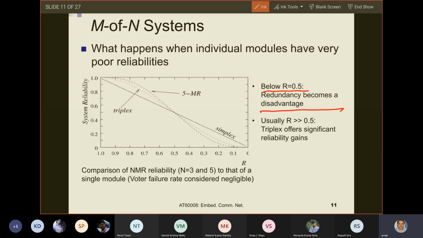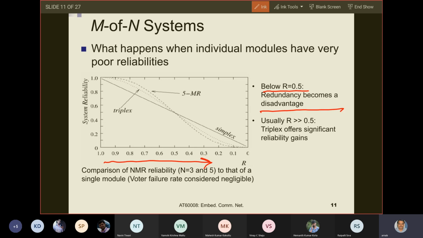On the x-axis you have the reliabilities of individual components. They have calculated the effective reliabilities in exactly the way we just did and plotted these graphs. Leave out R_V, don't put the voter in the picture.